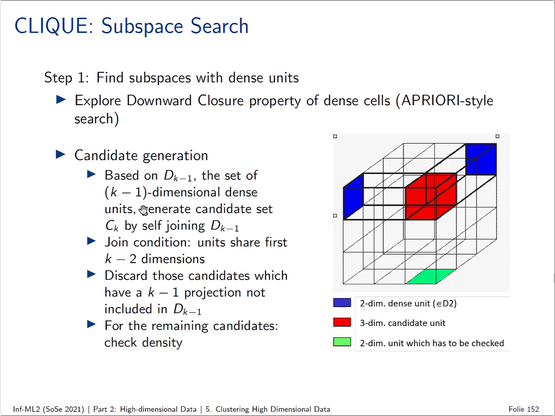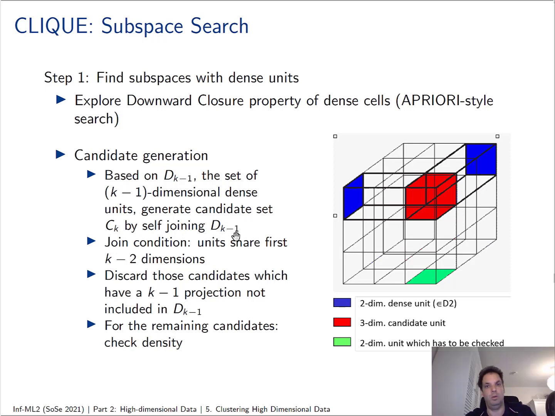So we generate the candidate set of k-dimensional dense units. Not all of those candidates need to be dense, but at least those are the candidate sets, generated by self-joining the sets of dense units that are k-1 dimensional.